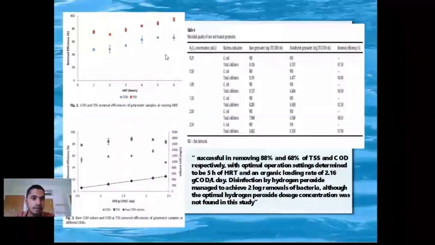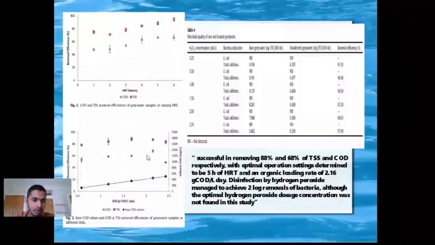As we can see, these graphs are the end product of the paper, where they saw that the total COD and total suspended solids removal is efficient, at more than 80%, when the grey water was held in the aeration tank for more than 5 hours, or 5 to 6 hours.